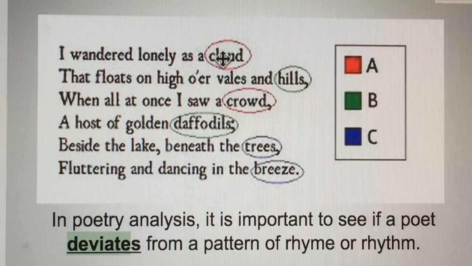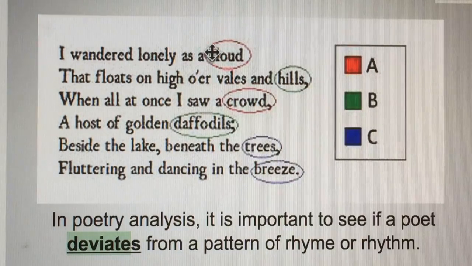So we have this pattern of rhyme where we have cloud, oud sound, ills, oud, ills, oud, ills. And so almost like we have a pattern here, but then there's a deviation here with a new rhyme, trees rhyming with breeze.